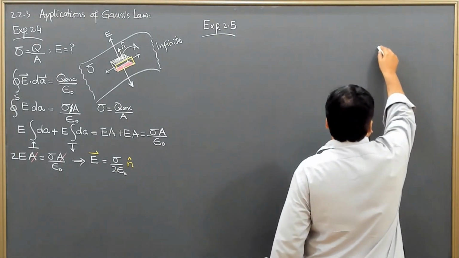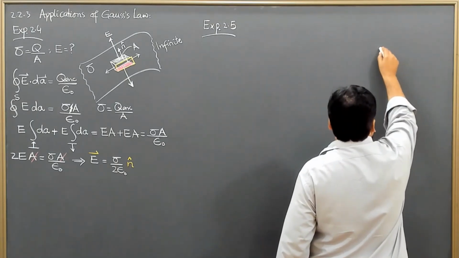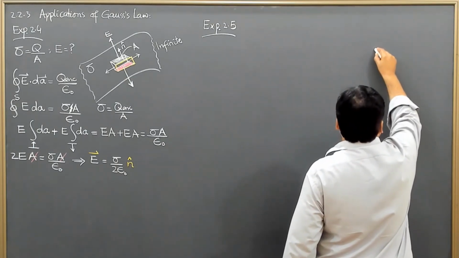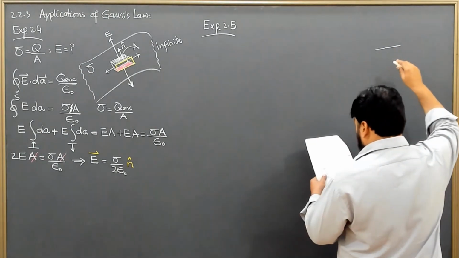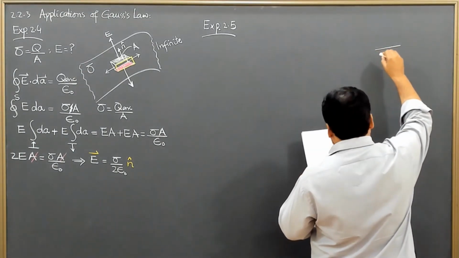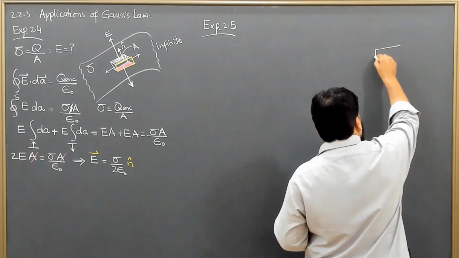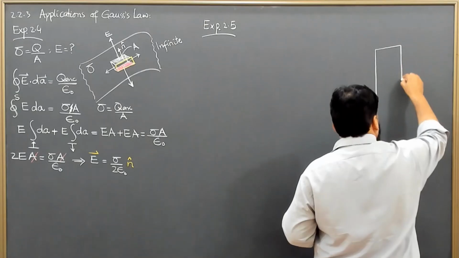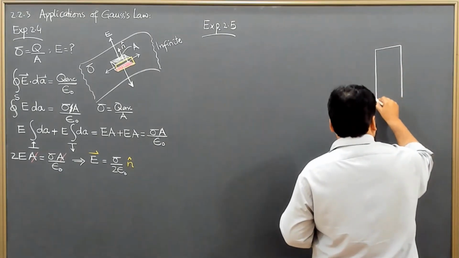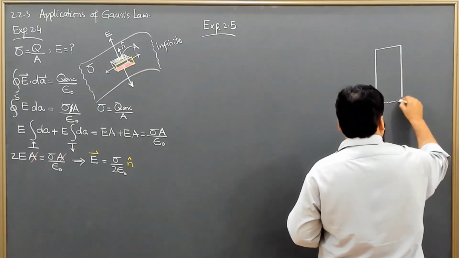Let's say we are having sheets of charges and they are like this. This is one sheet of charge. Keep in mind one thing, that they are infinite.